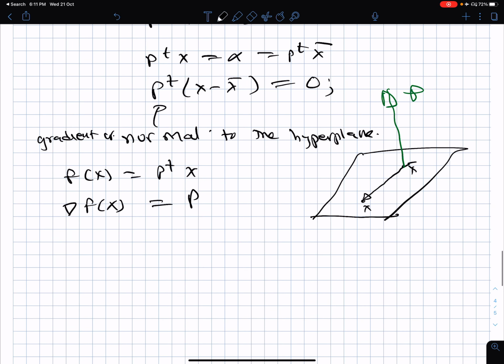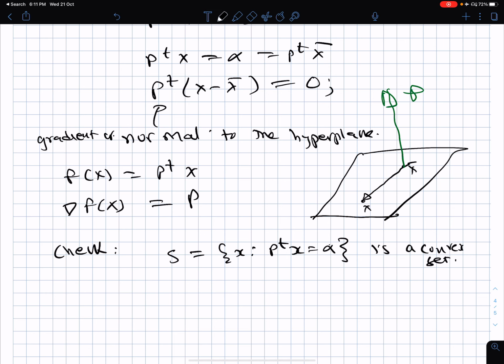And now we can easily check that the hyperplane which is defined by P transpose of x is equal to alpha is a convex set.